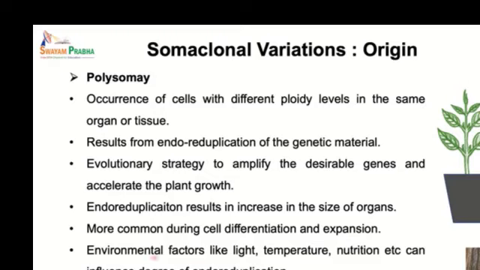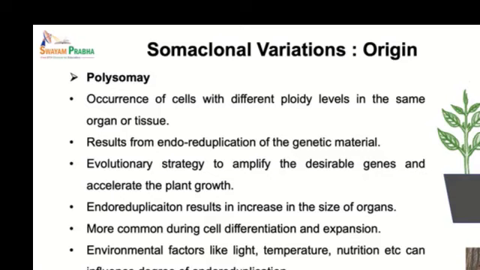But certainly various environmental factors like light, temperature, nutritional regimes, or the application of various growth hormones directly influence the degree of endoreduplication.